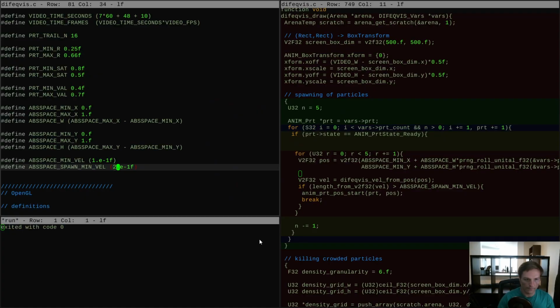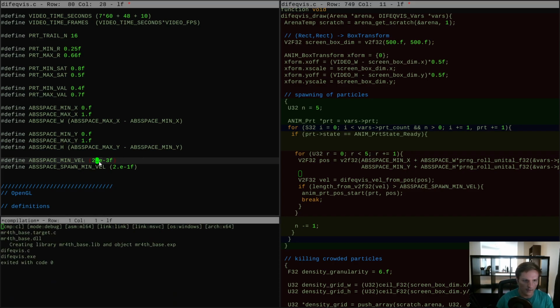Now it's not spawning. Here's the radius of the death region, and our spawn region must be something like out here. If I wanted to, now I could start shrinking this back down. I think we had this at like this.